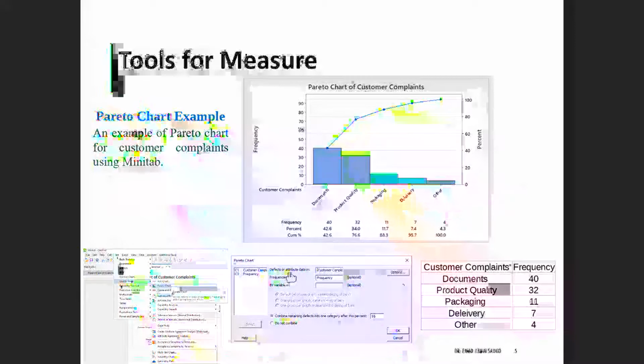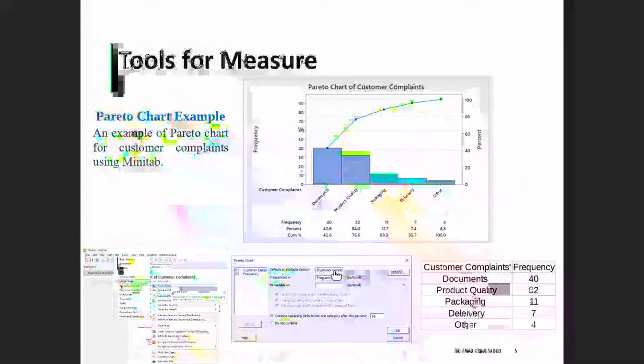In this case, the customer attributes or defects were stored in the C1 column in the same manner as here. Customer complaints first, then documents; you type them on the Minitab worksheet. And then the frequency, placed in the same order, was written in column C2.